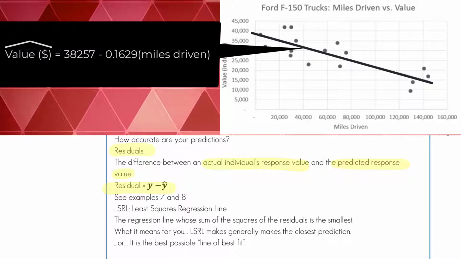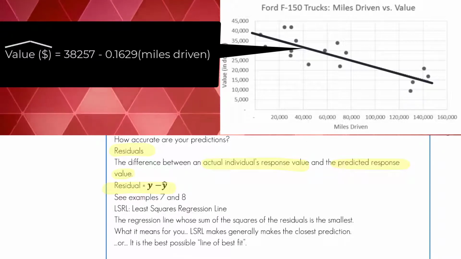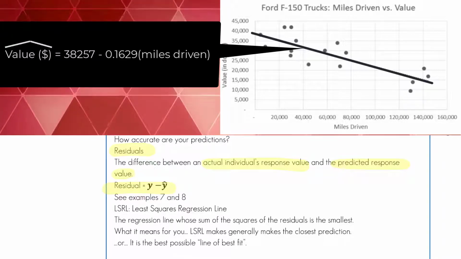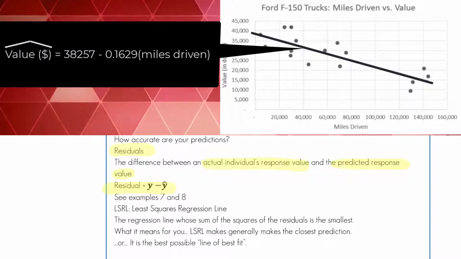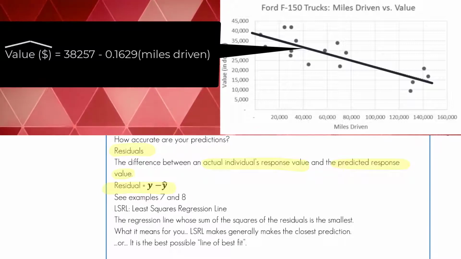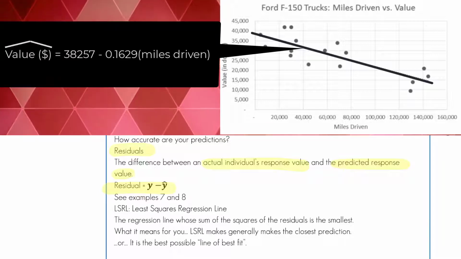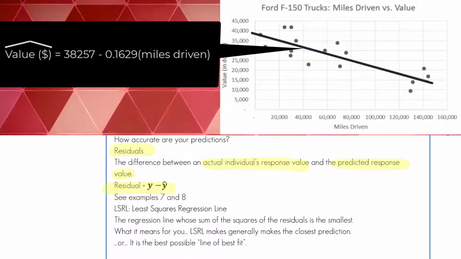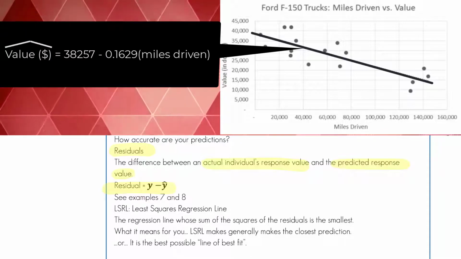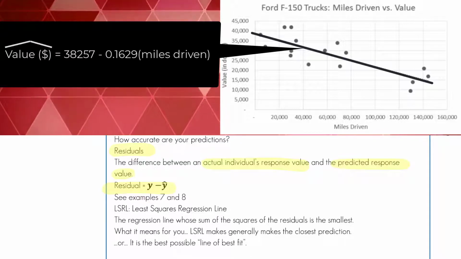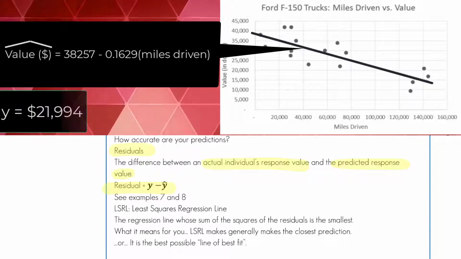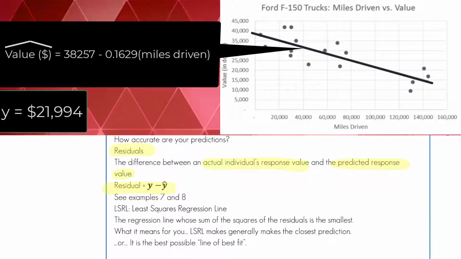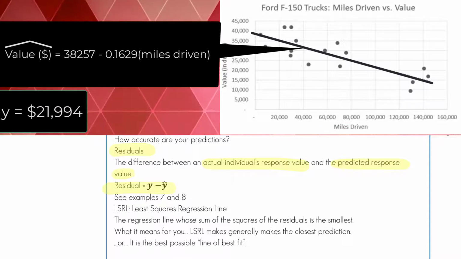Mathematically, we say that is y minus y hat. So you have your actual value, and then you find, if we had an identical truck just like this, how much would my model predict it would be? How far off is the actual truck's value versus the imaginary predicted truck's value? That gives you the residual. So, for example, if we examine one of these trucks that has 70,583 miles on it, the actual value of that truck was $21,994.